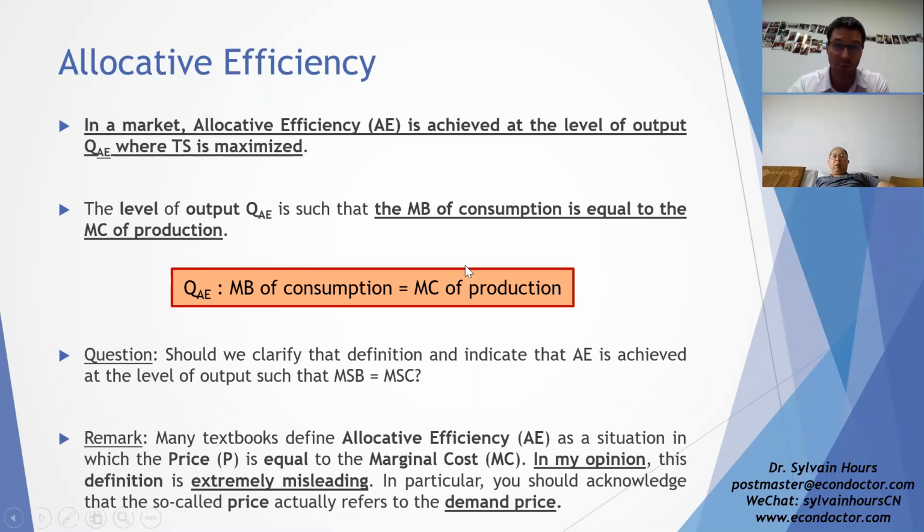So marginal cost of production, you see that's the same, but instead of stating that it's the marginal benefit of consumption, they say that it is the price. And I really think that this is not a clear way to define allocative efficiency, in particular because the price is not really the market price. The price is the demand price.